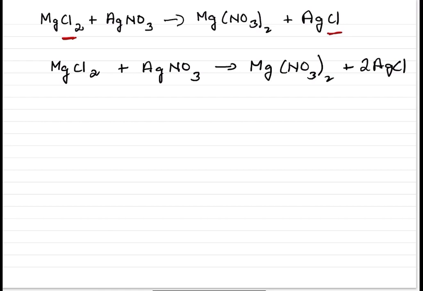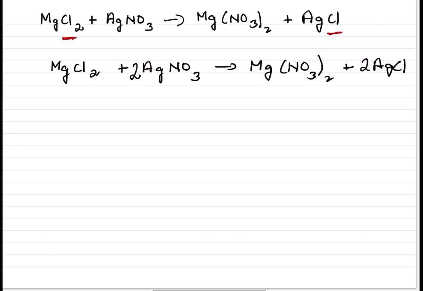Now when we balance 2AgCl, then on the other side, the reactant side, for Ag also we can write a 2 here. So we have balanced the silver nitrate also. So chlorine is balanced and silver nitrate is also balanced.